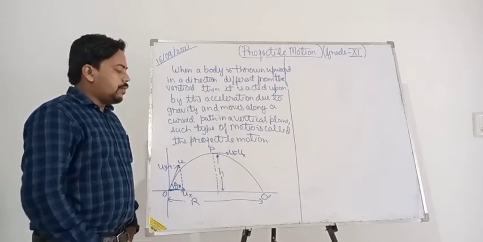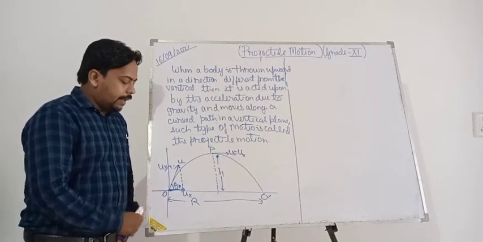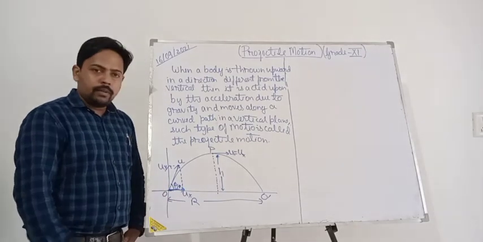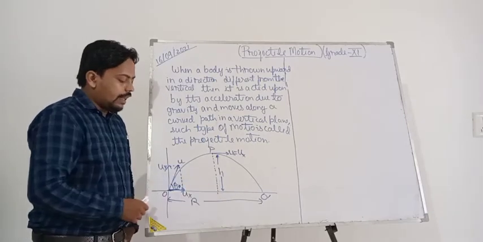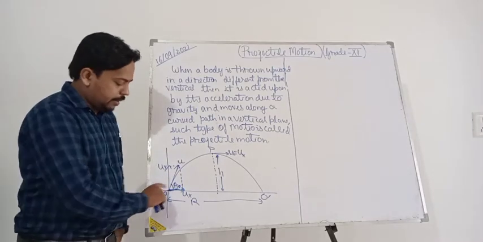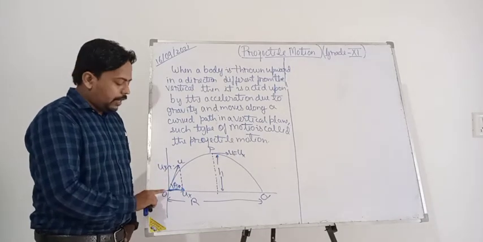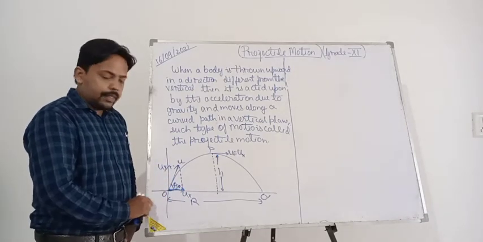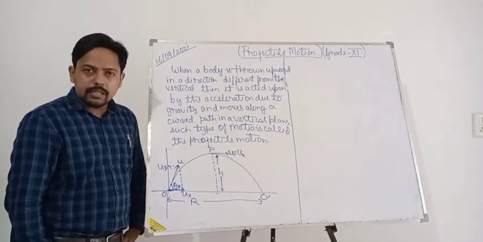So in this case we are talking about the projection of the particle at some angle with respect to the horizontal, with respect to the ground. If we assume that this horizontal line is the ground, then we are throwing this particle at some angle. It is not perfectly vertical. We are throwing at some angle between the vertical axis and the horizontal axis.